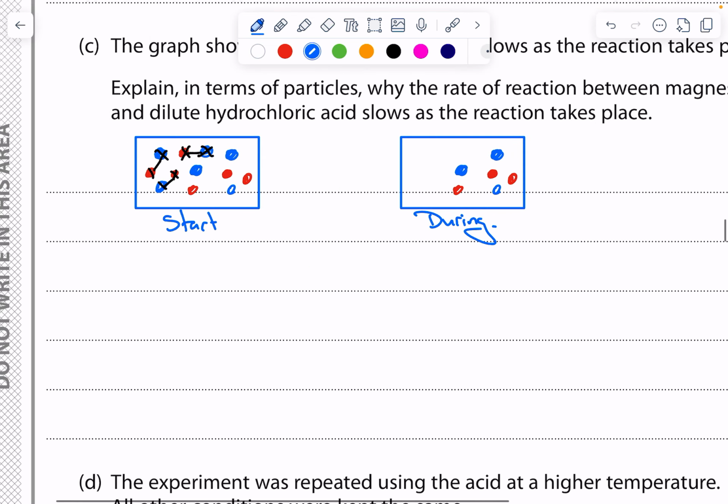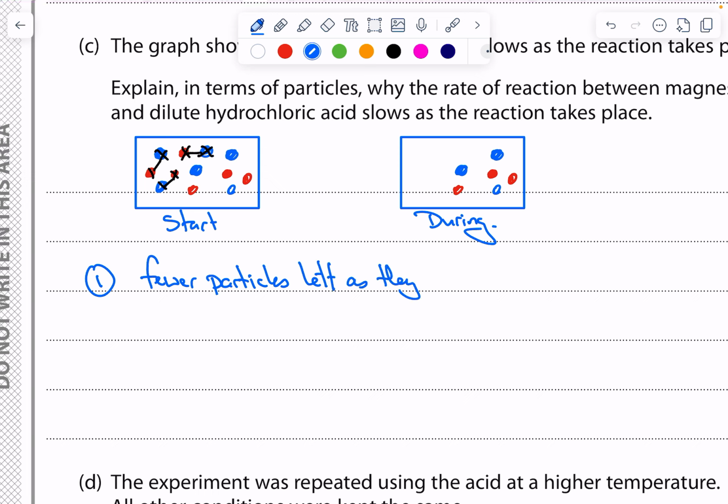Okay, I think there are 3 marks here. So we need to say that there will be fewer particles left as they have reacted.